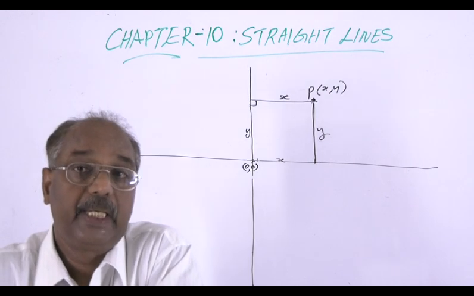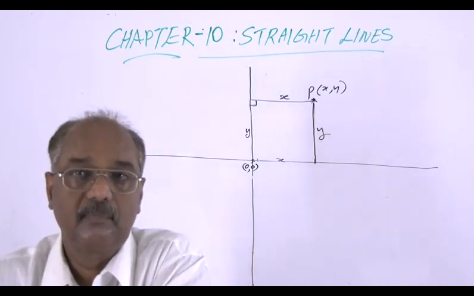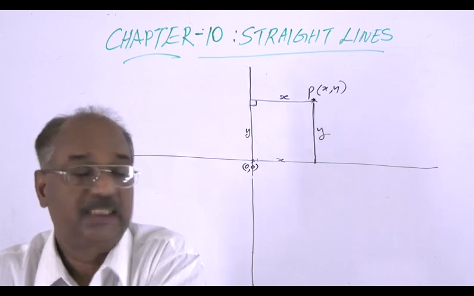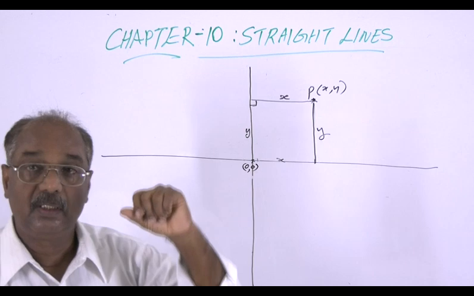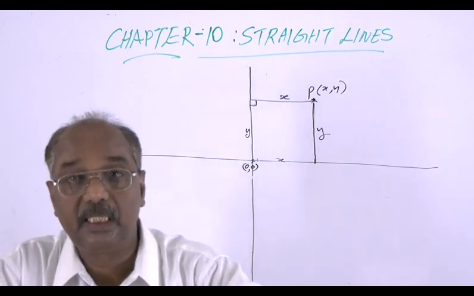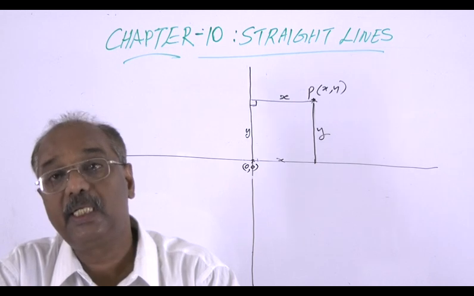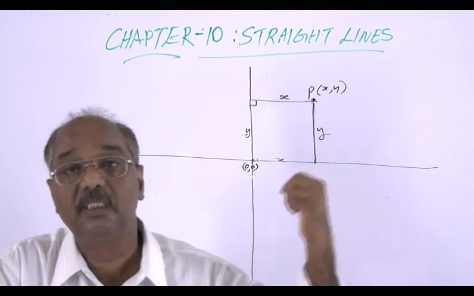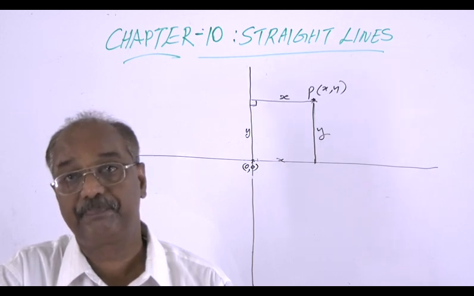Every pair of values like this, (x, y), will be represented by a point in the coordinate plane, or every point in the plane will have such two coordinates, x-coordinate and y-coordinate.